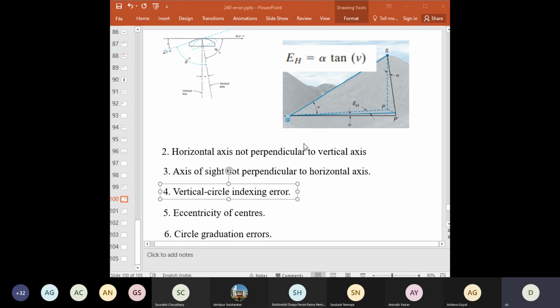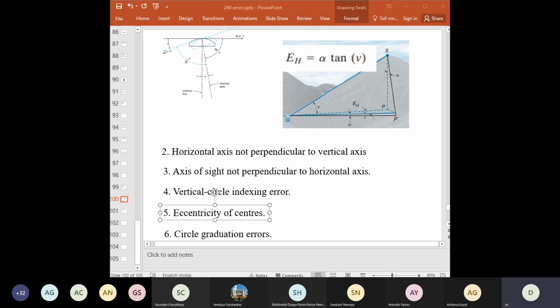However, the determination of indexing error should be done carefully during calibration, to ensure that an incorrect calibration error is not propagated in subsequent angles observed with the instrument. So vertical circle indexing is also taken care of.